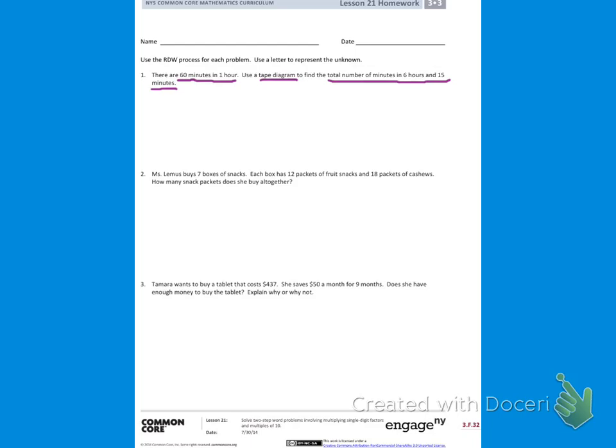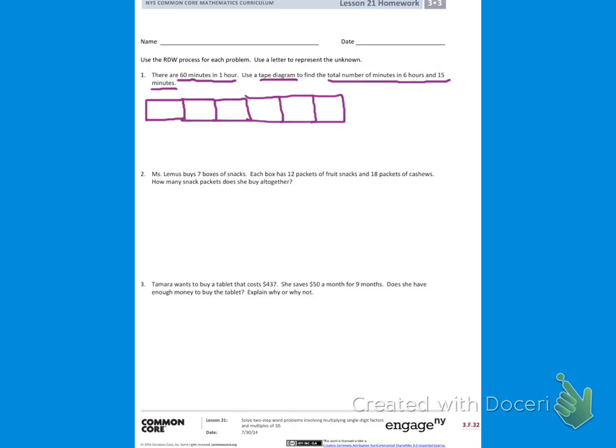Since I'm looking for the total number of minutes in 6 hours and 15 minutes, I will first draw 6 segments of my tape diagram. 1, 2, 3, 4, 5, 6. That's for 6 hours.